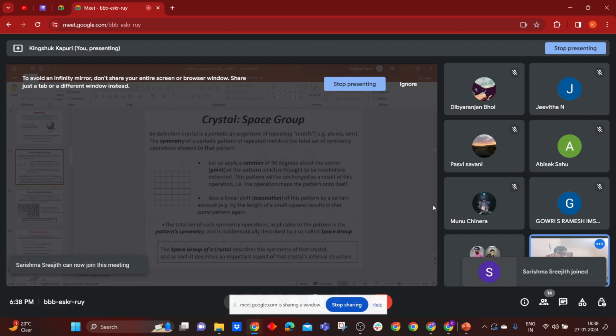So why do we use the term rotation axis of symmetry? For example, let's say there is a block. I don't have anything with me right now, so let us assume this phone. It has a surface. This is the surface.